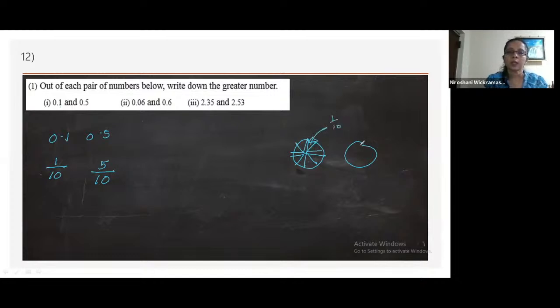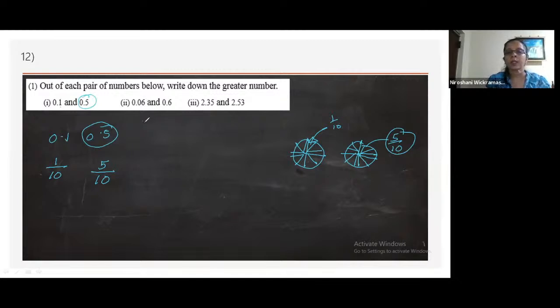This one is also cut into 10 equal parts. You can take 5 parts like this. So this is big, no? Right? This side is greater than this side. So write down the greater number is 0.5.